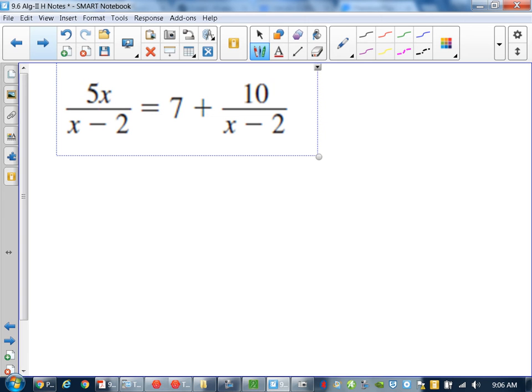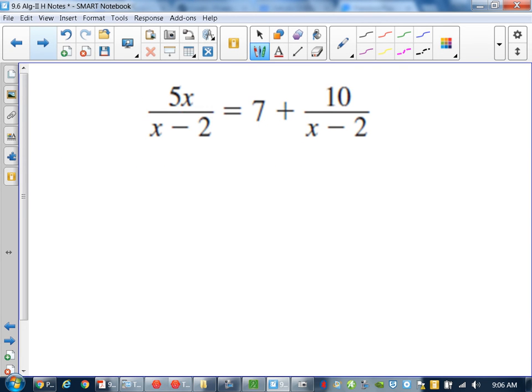So here, I have 5x over x minus 2 equals 7 plus 10 over x minus 2. The common denominator here is going to be what? X minus 2. So I'm going to multiply everything by x minus 2. By doing this, I am eliminating the fraction.